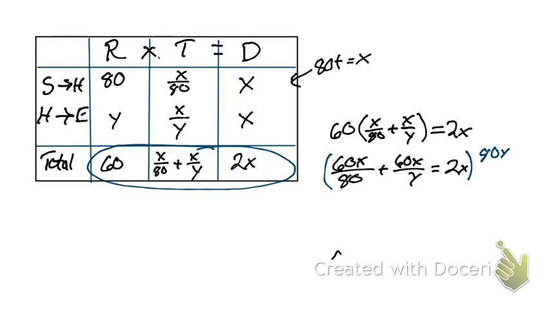So our first one's going to become 60xy plus, well, that's going to be 8 times 6, okay, 48. So we have 4,800. The y's would cancel out, so I have 4,800 just x. And then we'd have 160xy.